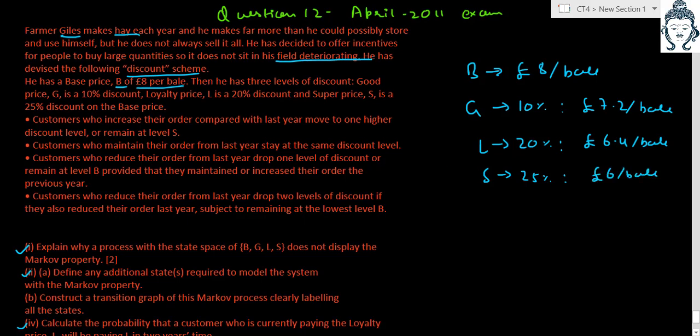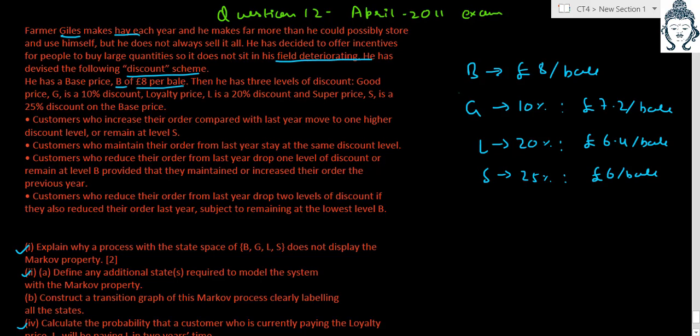So these are the three levels of discounts. Customers who increase their order compared to the last year move to one higher level of discount. You can think about it the same as the NCD level. Now you have the four levels B, G, L and S. Customers who maintain their order from the last year stay at the same level of discount.